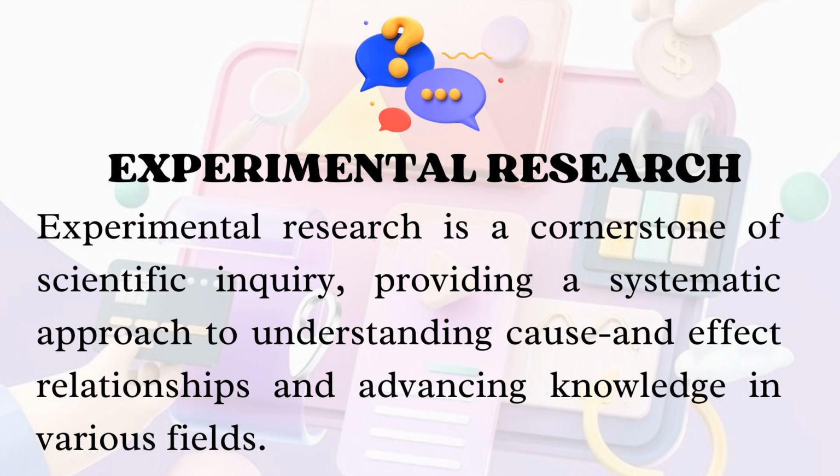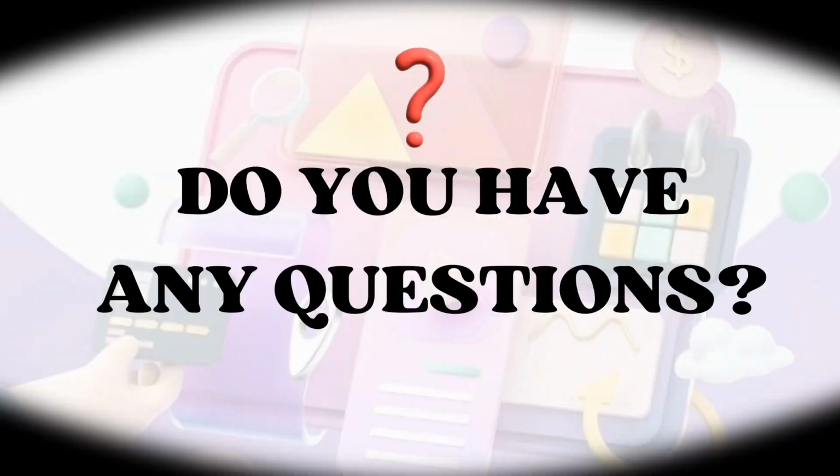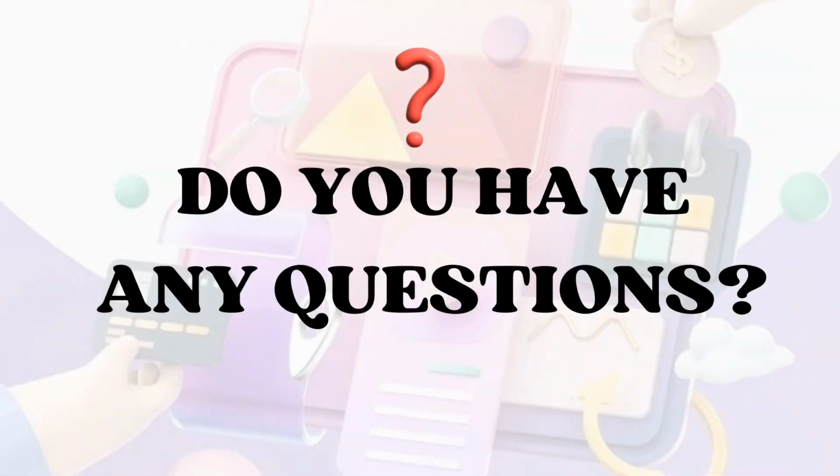So there is a process the researcher needs to follow in order for the research gap to close and to solve that certain observable phenomenon. And with that, we are done discussing what quantitative research is as well as the different types of quantitative research. So, does any one of you have any questions?